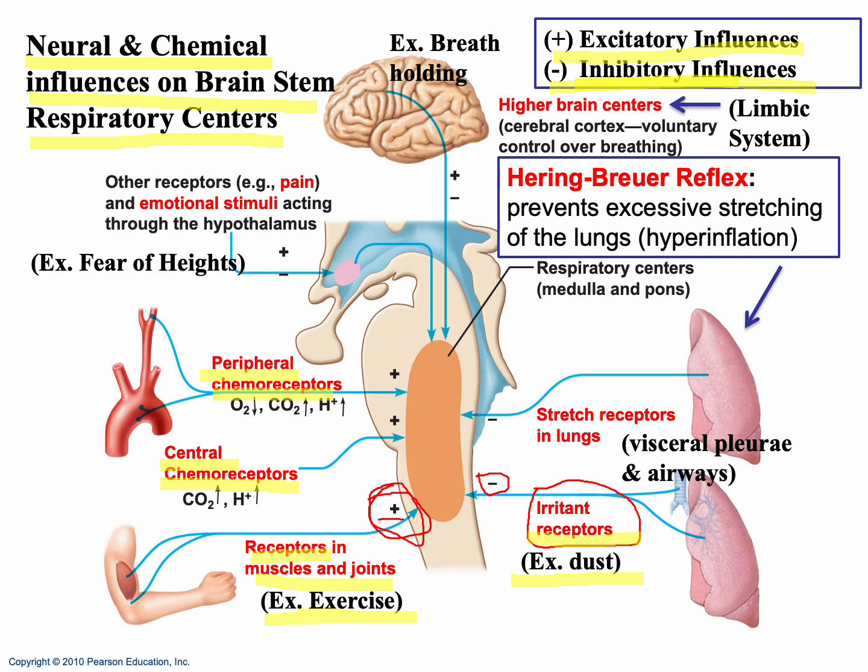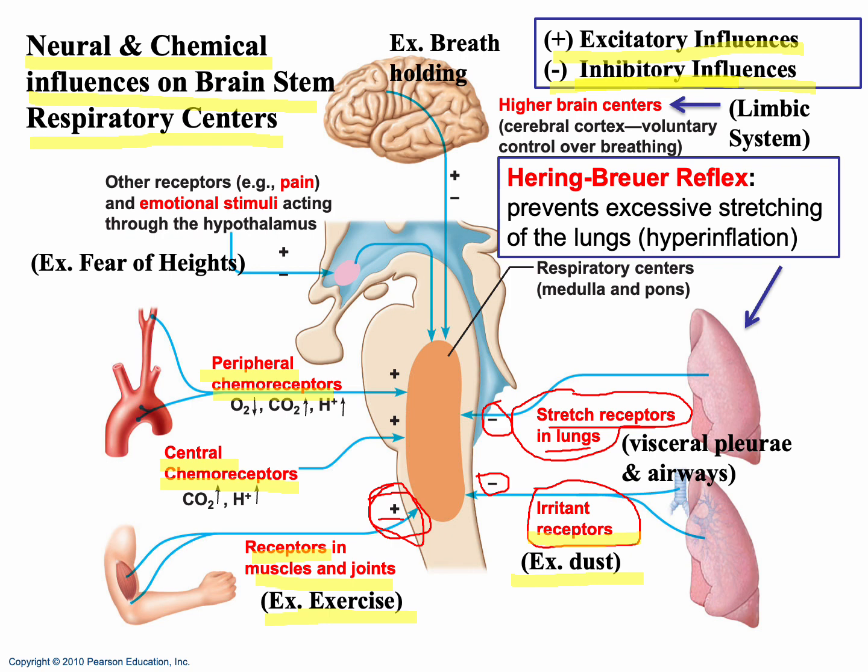Another type of negative influence that we can see here, with the negative sign, are stretch receptors in the lungs. And these are kind of a special evolutionary feature so you don't hyperinflate your lungs. If you're doing really strong breathing, exercising, or a deep breath maybe before going down to snorkel in the pool or whatever it might be.